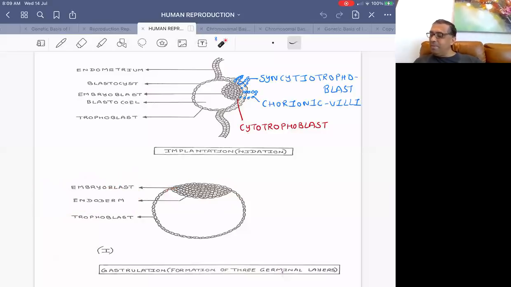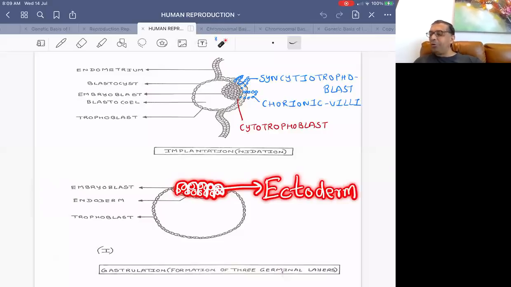Now, the remaining cells of the embryoblast fuse and become tall and columnar. These cells are called the ectoderm, which is called the epiblast.